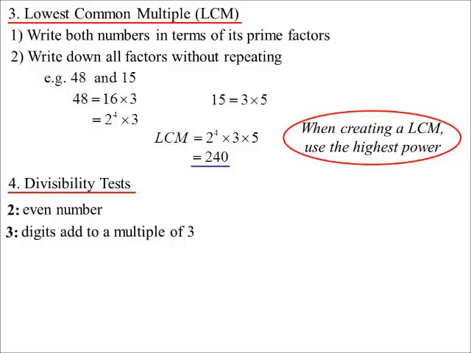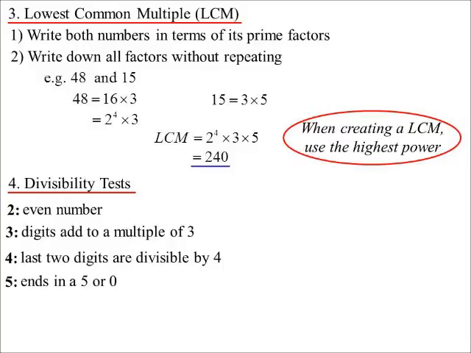Sum of the digits divisible by 3. Divisible by 4? It's got to be the last 2 digits. Last 2 digits divisible by 4. Divisible by 5? 0 or 5. You sure you're not reading? Very good. Ends in a 5 or a 0.